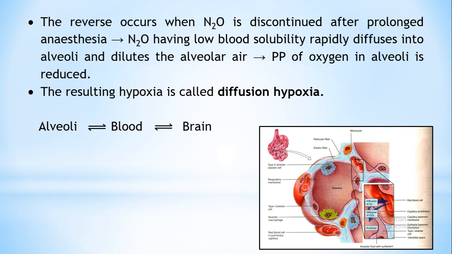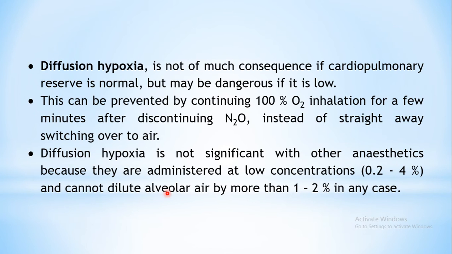Any other drug is administered in very low concentrations, say 0.2 to 4%, so they will not be able to dilute the alveolar air by more than 1 to 2%. So there won't be any hypoxia produced by other inhalational general anesthetics. It is shown only by nitrous oxide.